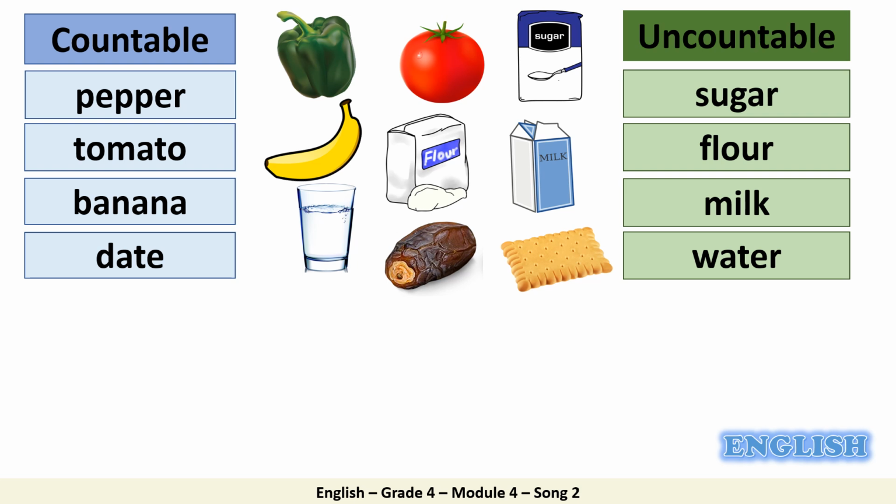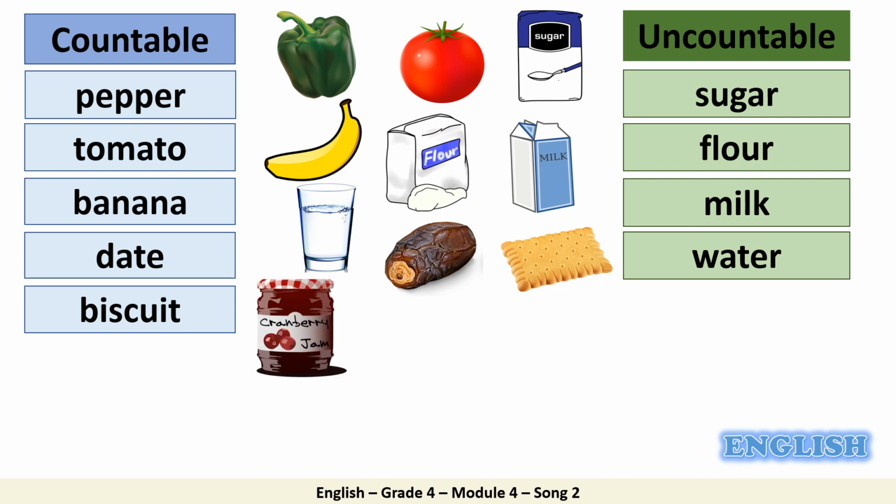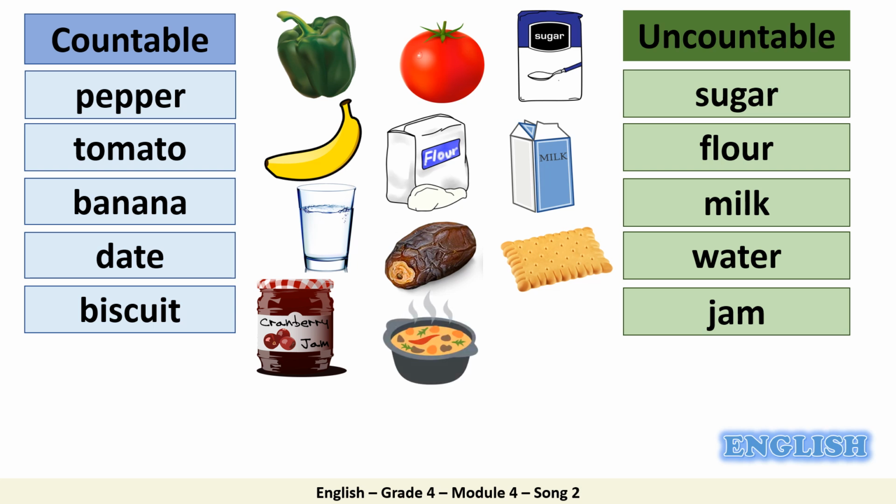Biscuit. Can I count it? Sure, I can count it. Next, jam. Can I count the jam? No, I can't, so it's uncountable. Soup. It's also liquid, uncountable.